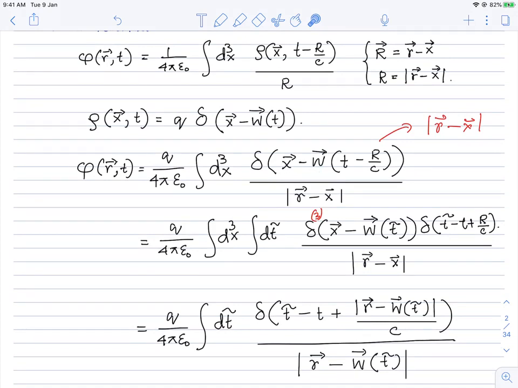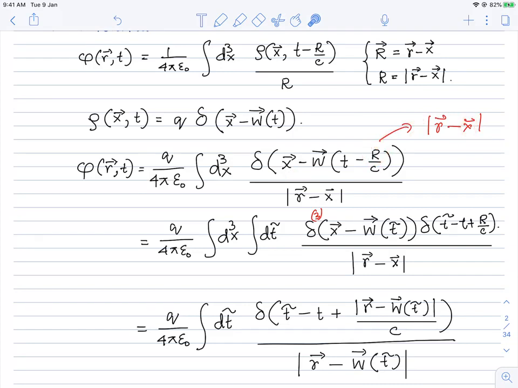You might think that we can simply do the delta function integral and plug this w in here, and that will be all. But that is not all, because of a very interesting reason: in this r also there is an x. So the delta function as a function of x is a non-trivial function.